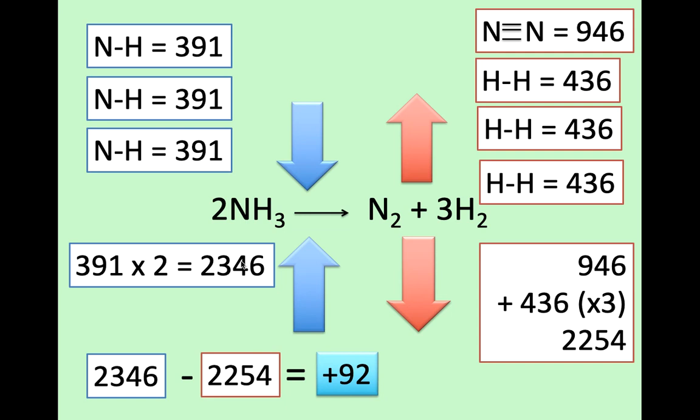In other words, our chemical system has 92 more kilojoules in it than we had originally. You can see we've given out less than we've put in. So if we've given out less, our chemical system must have gained, or we've got a positive delta H. Our chemical system has 92 more kilojoules in it than it had at the beginning.